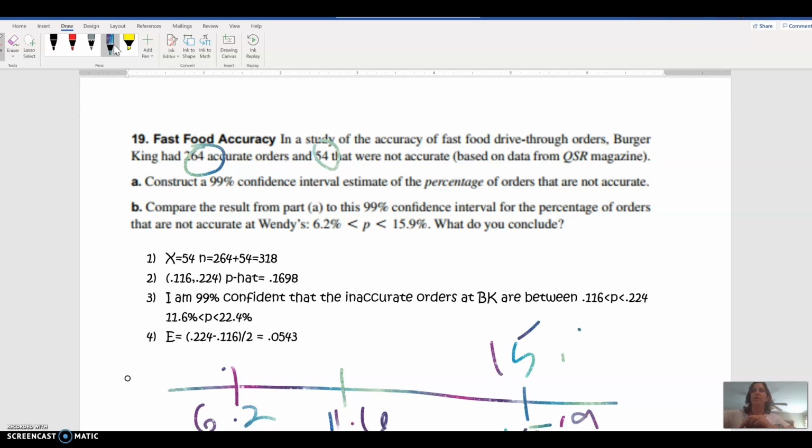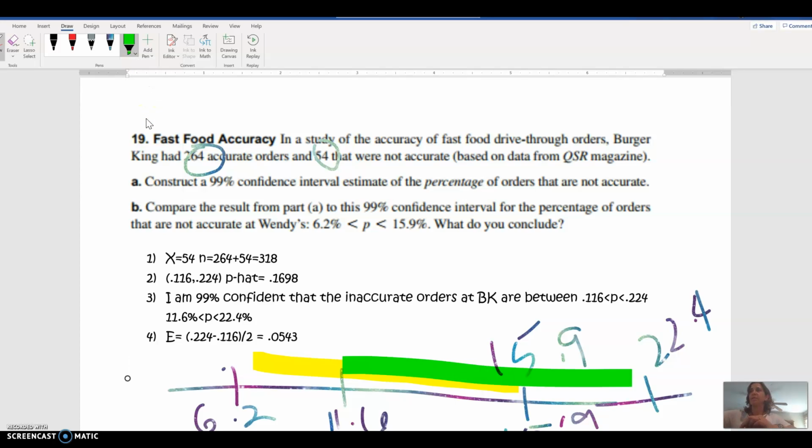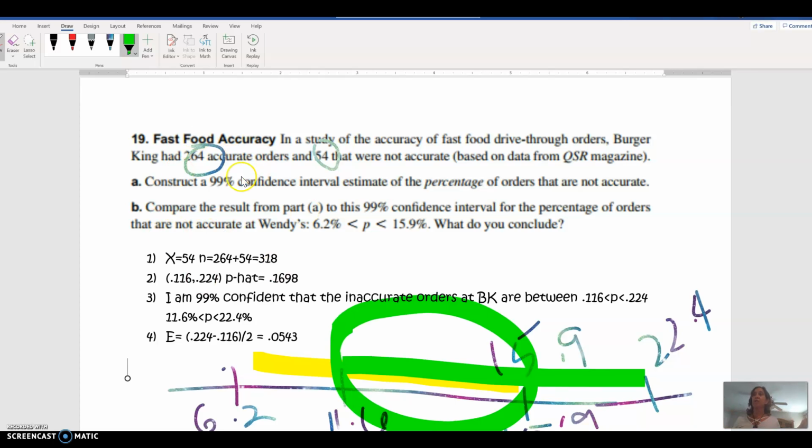I'll write it up here so you can see. And then somewhere over here is 22.4. Notice they cover almost the same thing, right? Wendy's goes from 6.2 to 15.9, and Burger King is from 11.6 to 22.4. They both have this huge chunk of the same percentage likelihood of inaccurate orders. So ultimately, they're pretty much the same.